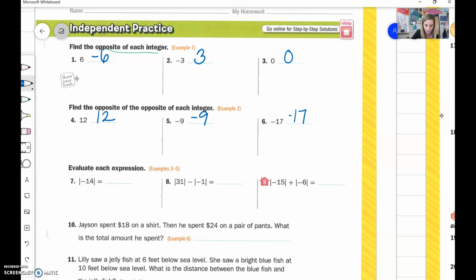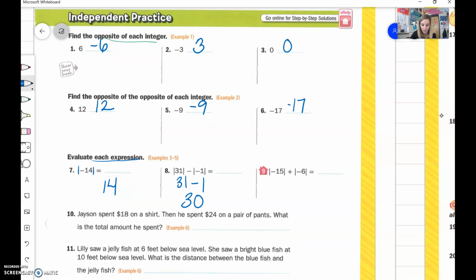Okay, let's evaluate the expression. So again, those lines mean the distance from 0. The absolute value of negative 14 is 14. The absolute value of 31 is 31. There's a minus. The absolute value of negative 1 is 1, because it's the distance from 0, which gives me a total of 30, because 31 minus 1 is 30.